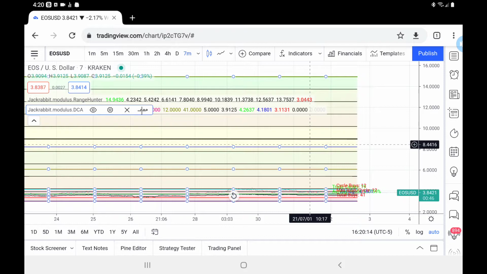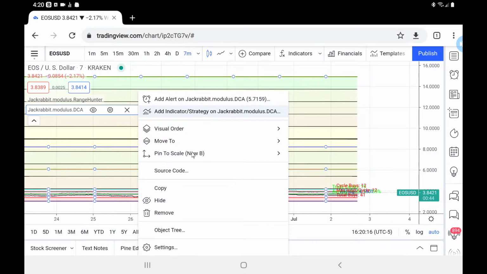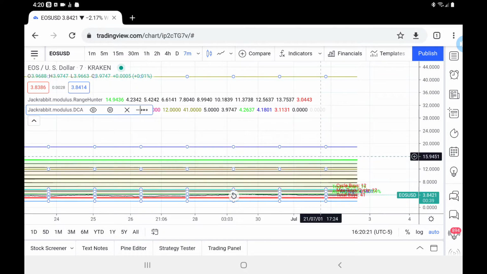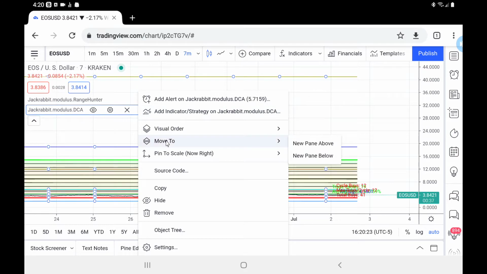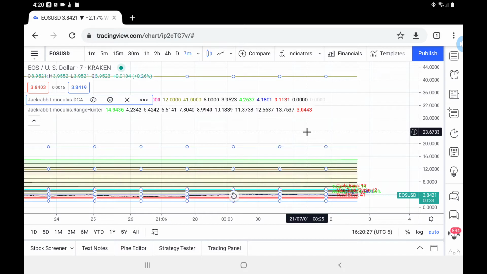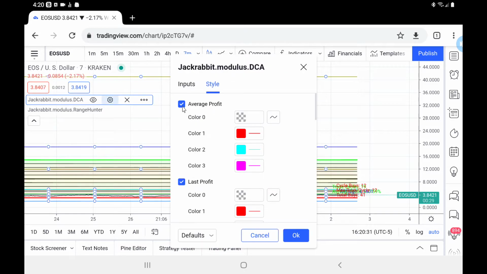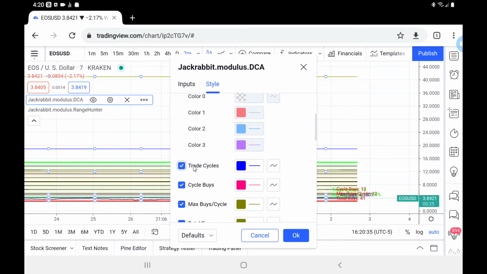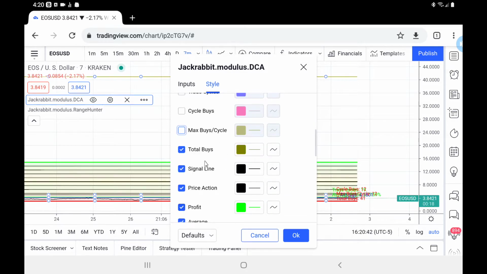And I want to bring it to the front after I pin it to the price action. Now let's get rid of all the noise. All the stuff that's important, but not when I'm trying to figure out exactly how and what I want to trade.